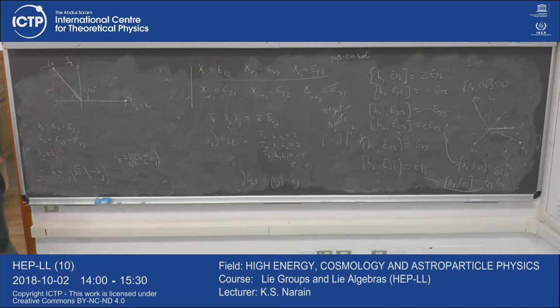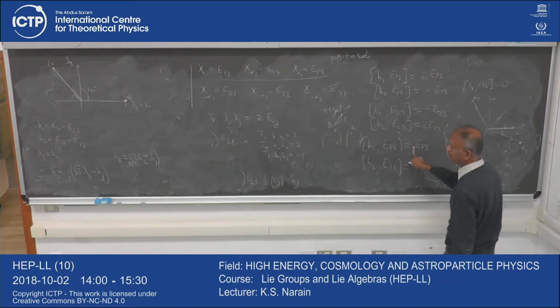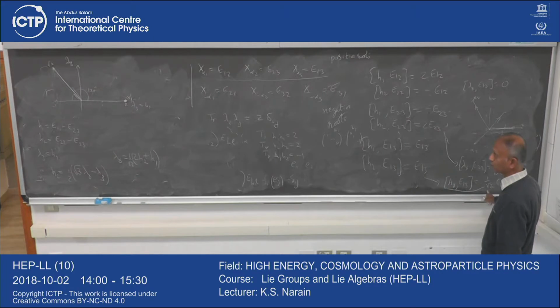That's alpha 2. Now let's look at alpha 3. Alpha 3 is plus 1 and 1 over root 3. Is that correct? Yeah.